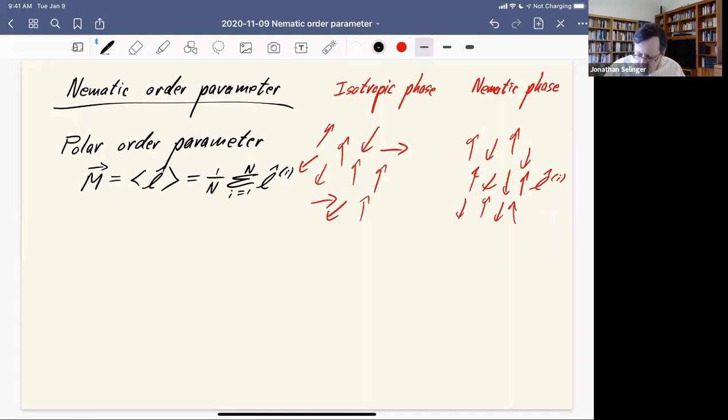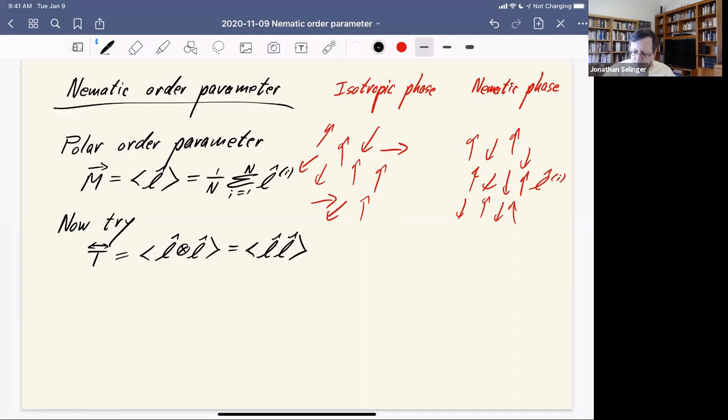Okay? So now I'm suggesting let's try the outer product of an L with an L. All right, so we could define a tensor order parameter T as the average of L tensor product with itself. Or for people who like the dyad notation, you could just say L, L, like that. Okay, that looks like another good thing to try, right?